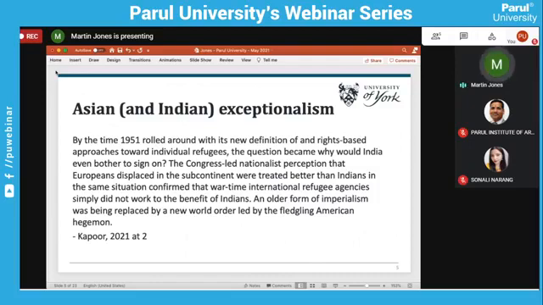Now, I think what Kapoor in her recent piece points out and reminds us of is that the leaders of newly independent India had a longer experience with refugee protection, an experience that stretched back to the interwar period, and they were witness to the different ways that the British imperial agents treated white and non-white refugees as they fled to India, particularly during the early years of the Second World War.